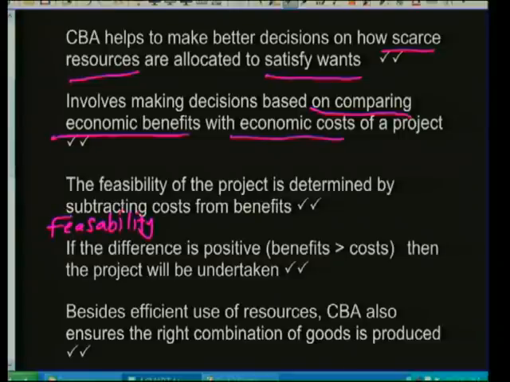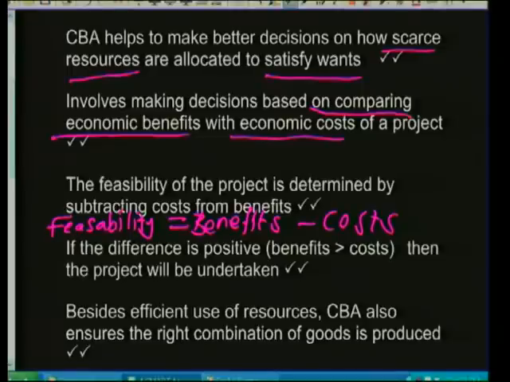In other words, is it worth it to take on this project or not? Would be benefits minus costs. And obviously you need a positive answer to be interested in actually following up on this project. If the difference is positive, benefits are bigger than costs, then the project will be undertaken.